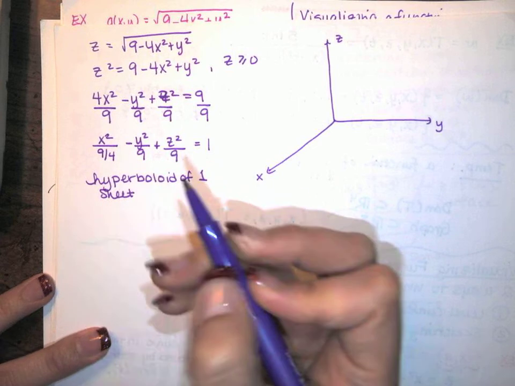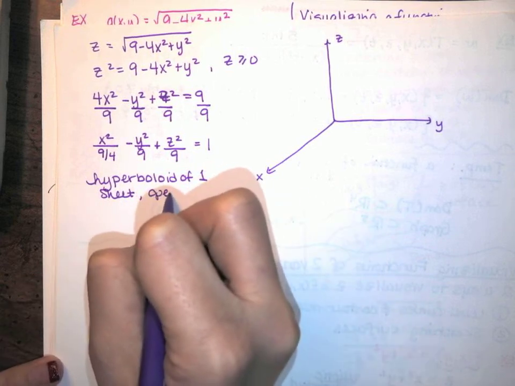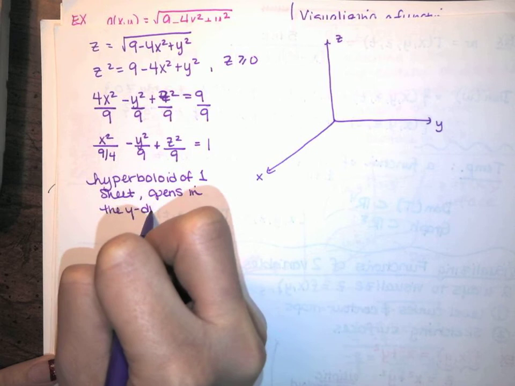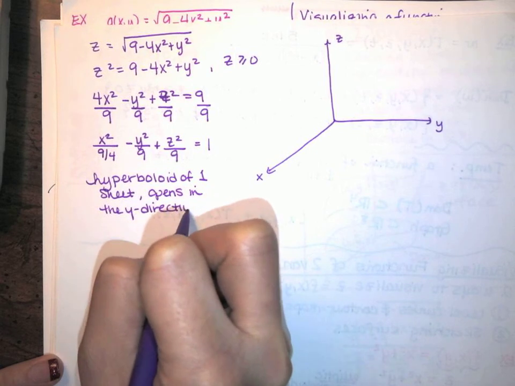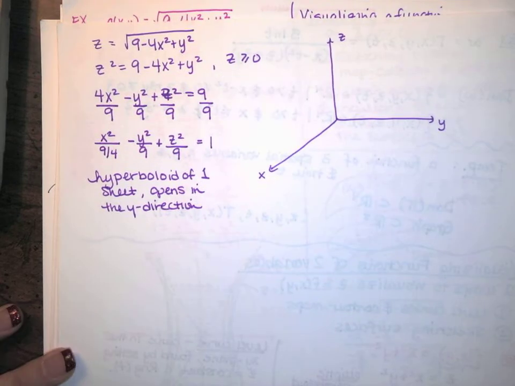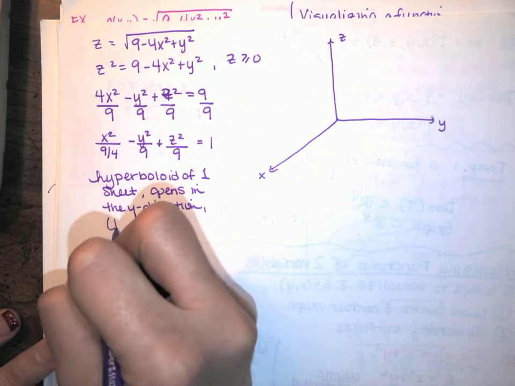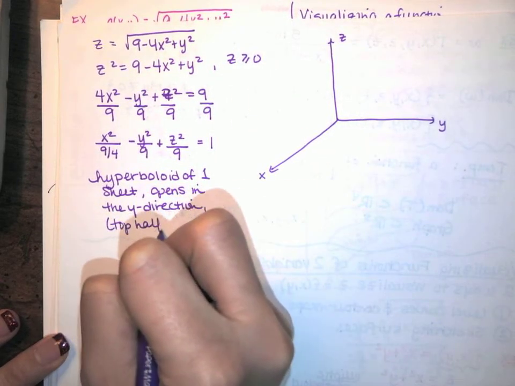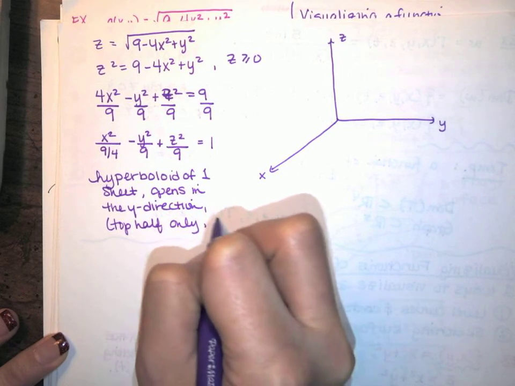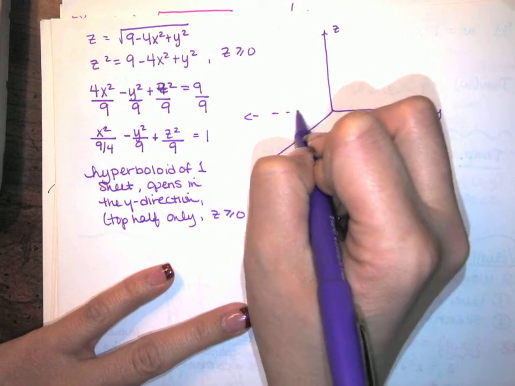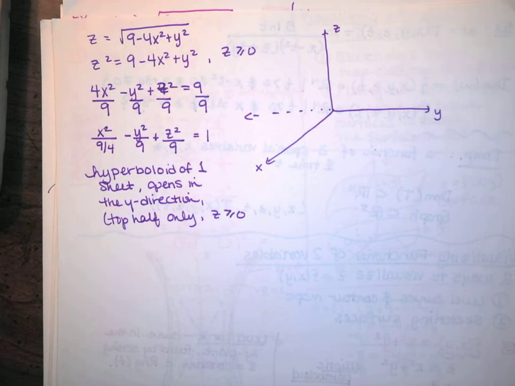Because the negative is on the y, it opens in the y direction. And what we're going to see is just the top half only, because we want the part where z is positive. So we're going to see something that looks like this.